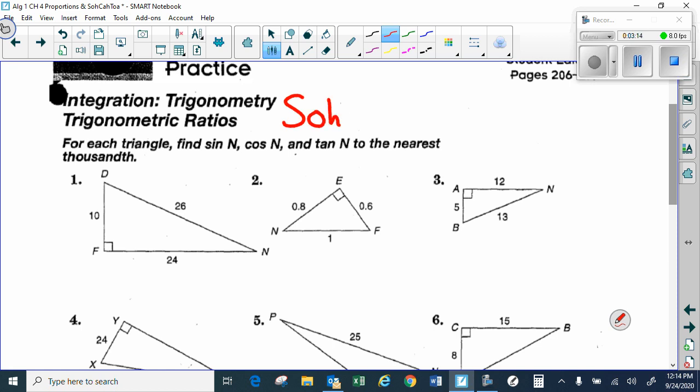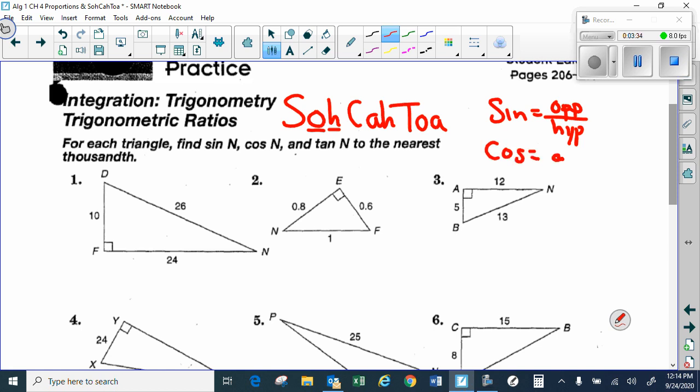Remember, SohCahToa. Sine equals opposite over hypotenuse, O and H. Cosine equals adjacent over hypotenuse, that's how we simplify adjacent and hypotenuse.